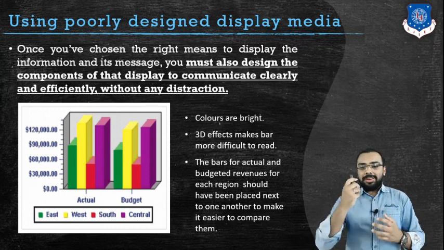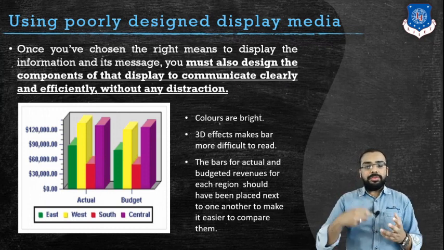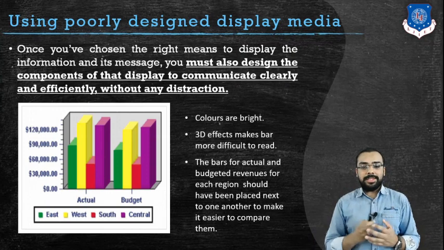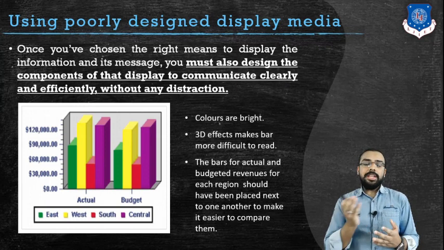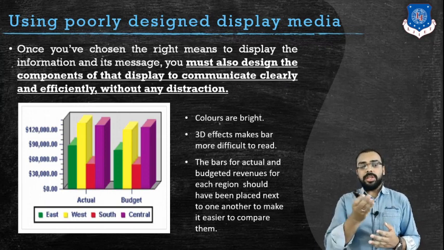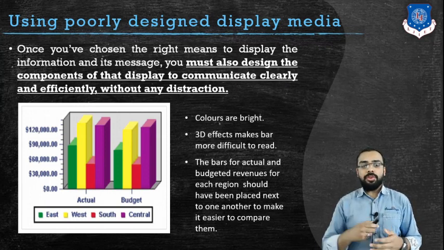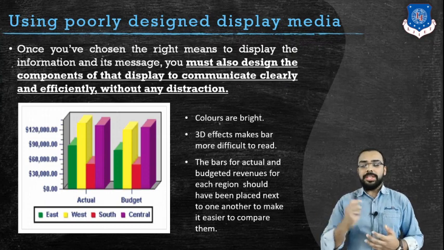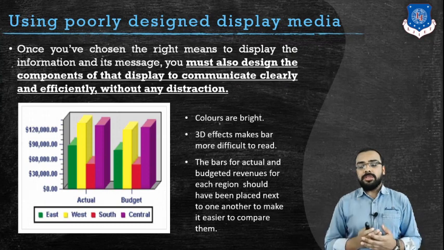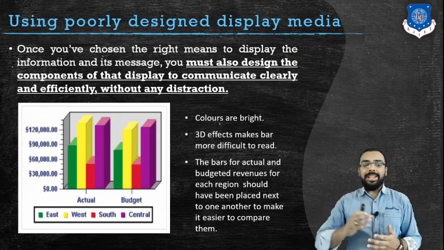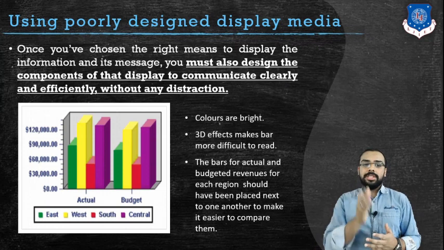The bars of actual and budgeted revenue of each region should have been placed next to each other so that we can easily compare within a particular region. Here the actual revenue for 4 regions is shown, then the budgeted revenue for 4 different regions. Instead of this, we can show the budgeted as well as actual revenue side by side for the 4 different regions.